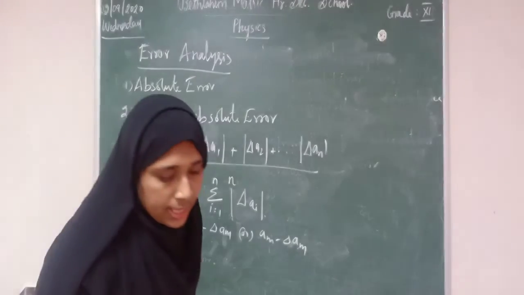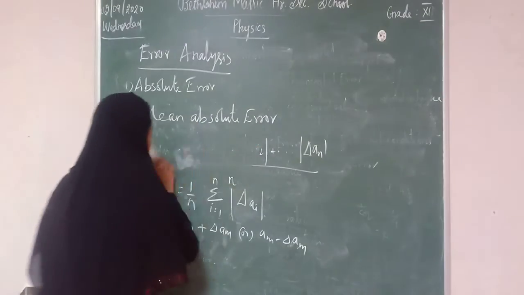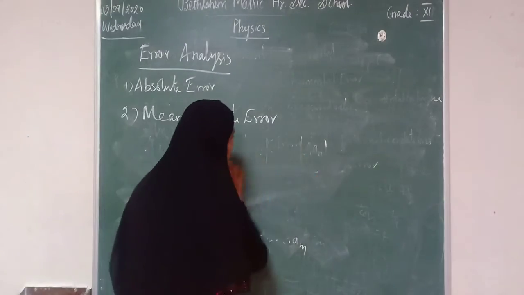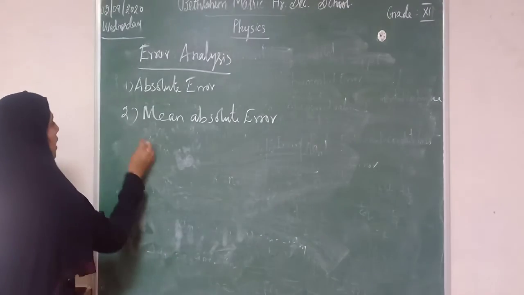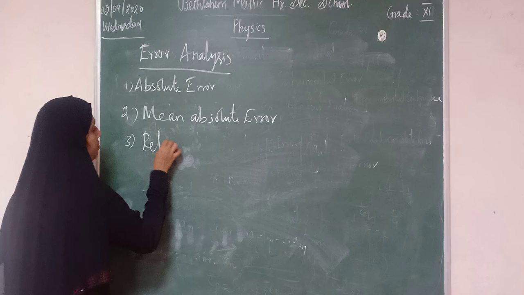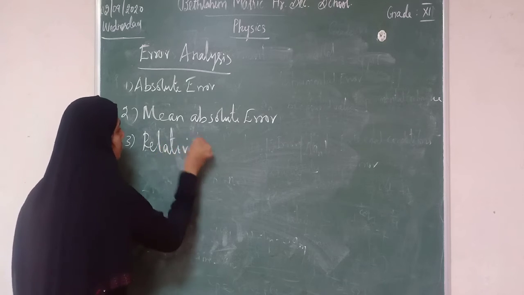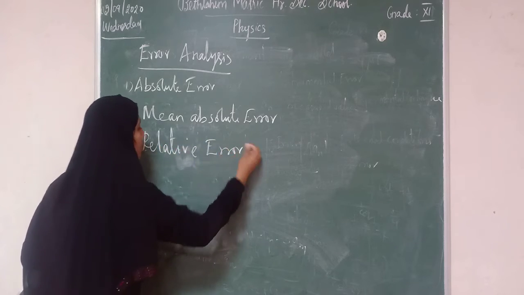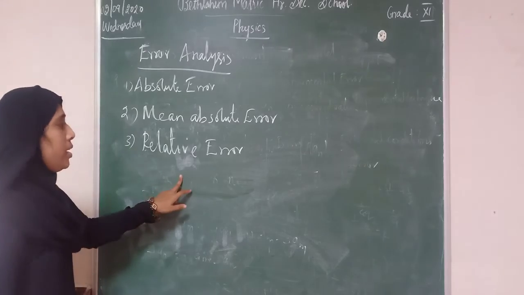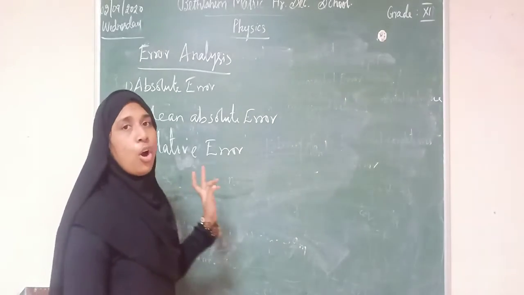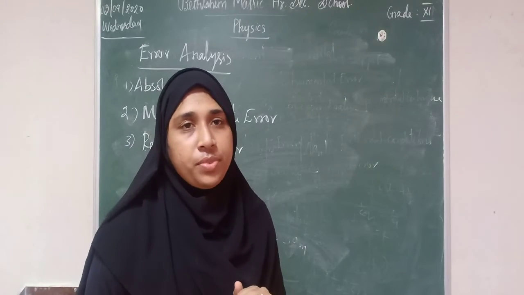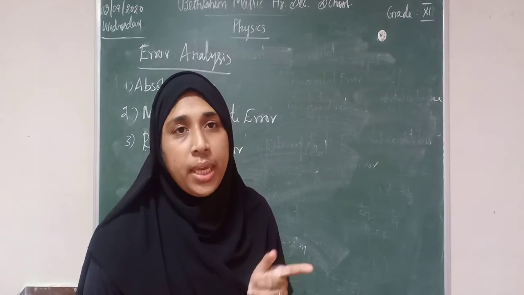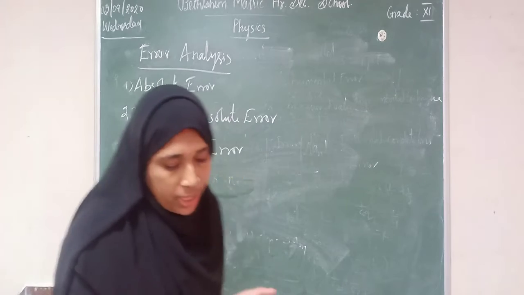The next one is relative error. Relative error is the ratio of mean absolute error to the mean value.